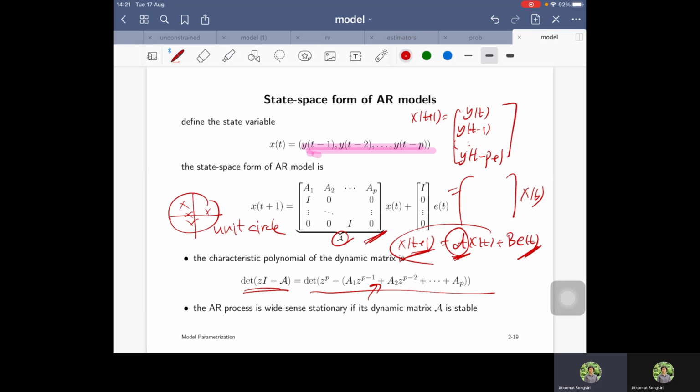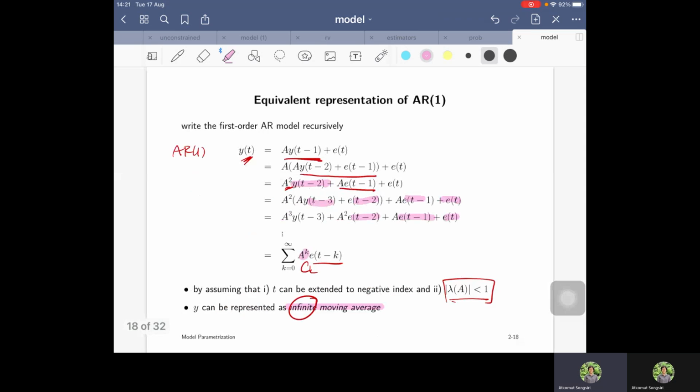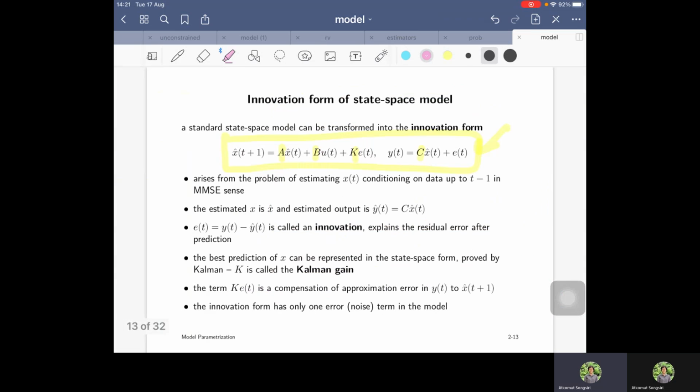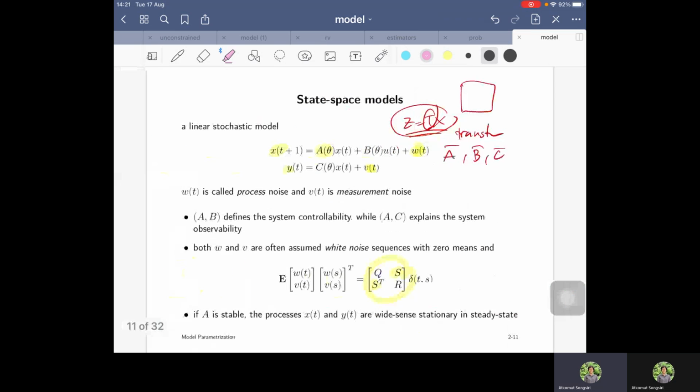But because this is not a deterministic system, this is a stochastic system because we have the noise term here. If we refer back to the state space discussion, where we talked about the stationary property: if A is stable, the process X is, of course, wide-sense stationary, in the steady-state sense.